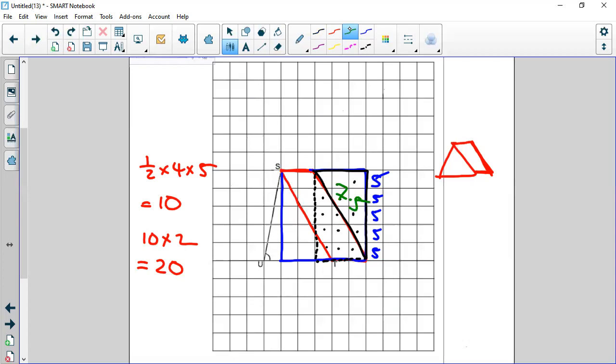And this other triangle will be the same, also 7.5. So these two triangles are made of 7.5 squares each.